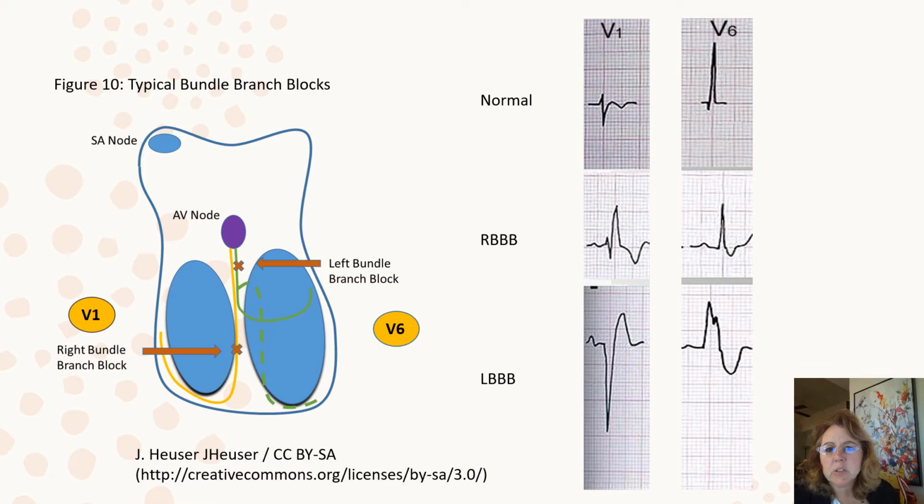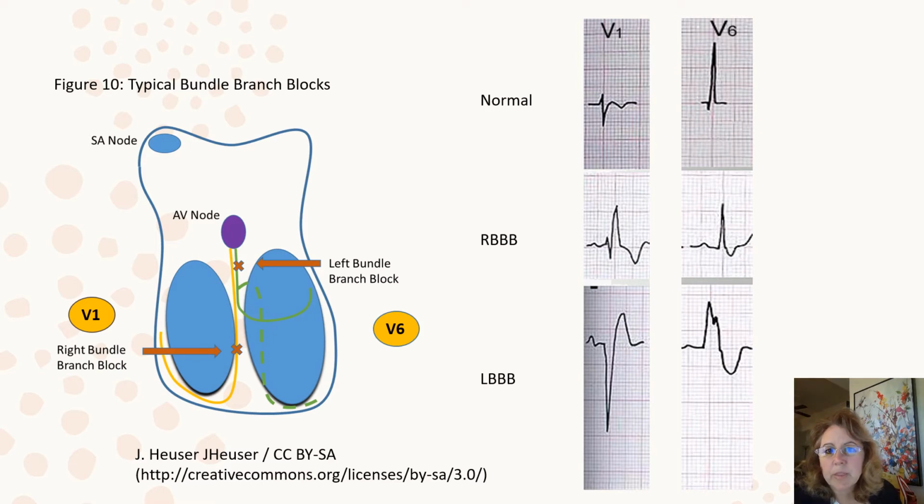If it's a right bundle branch block, the impulse is going down that right side, and remember that V1 is looking at the right side primarily. So it has to turn around and take a detour, and that's what that kind of looks like to me. V6 is looking at energy coming towards the left side, and so there's a little bit of a late component to it. That's that S wave, but otherwise it looks like a normal complex.